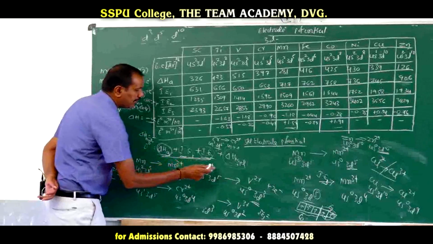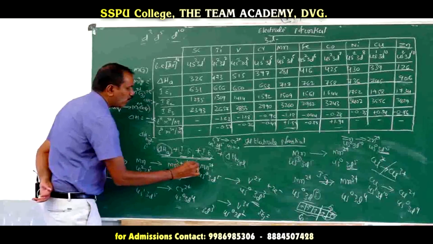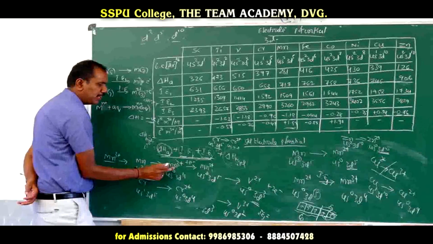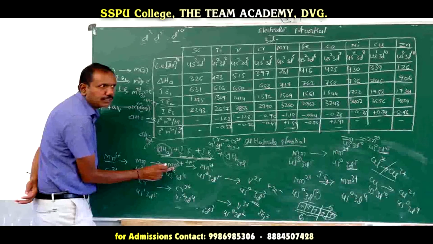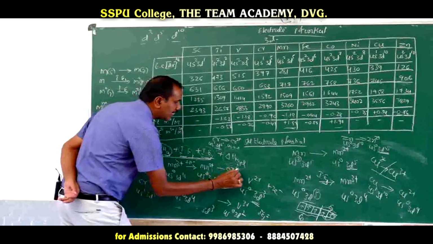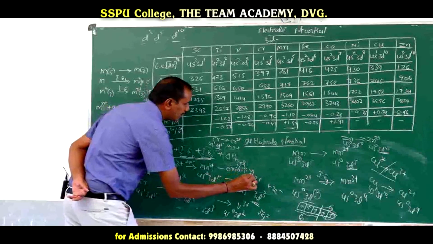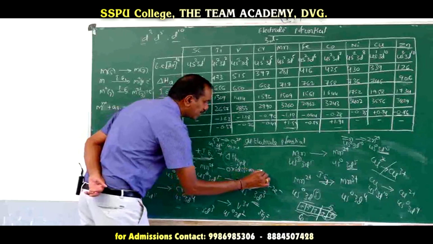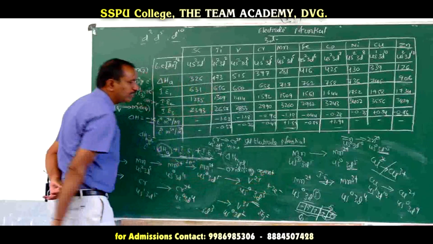So Mn3+ becomes Mn2+, how? By gaining 1 electron. Gaining 1 electron means it undergoes reduction, which means it acts as a good oxidizing agent. What is an oxidizing agent? One which oxidizes other substances but itself undergoes reduction.